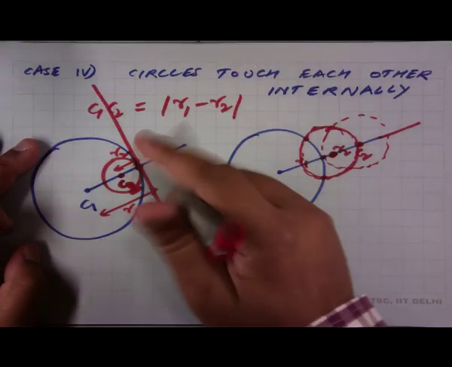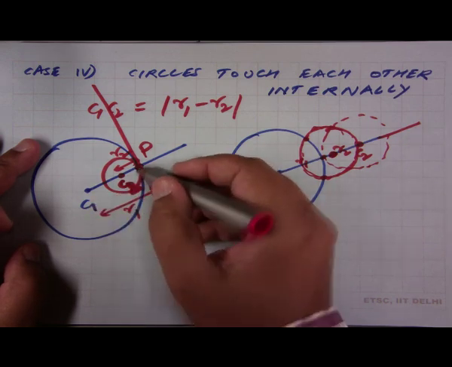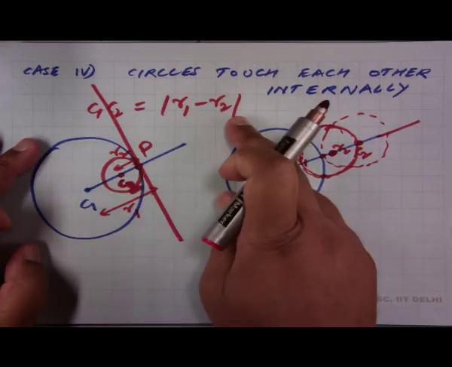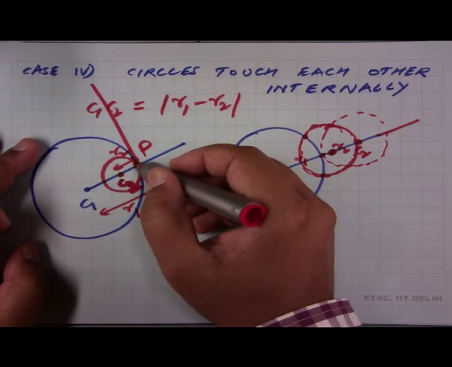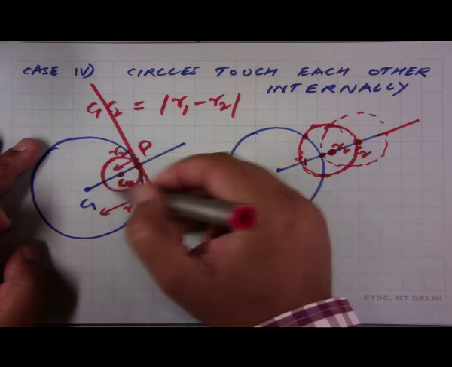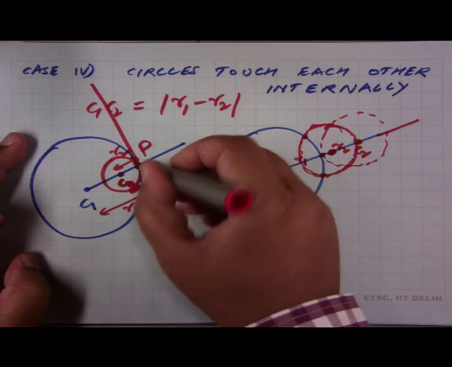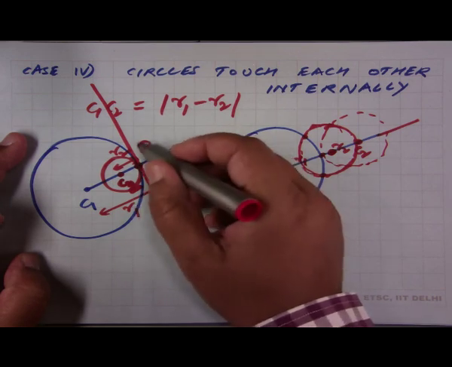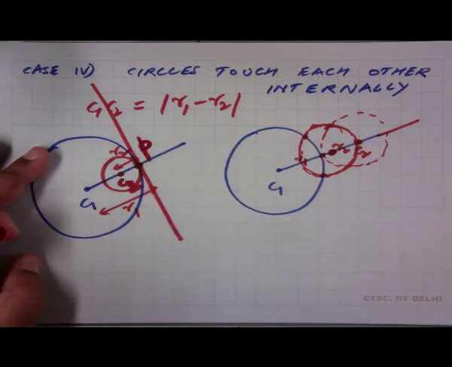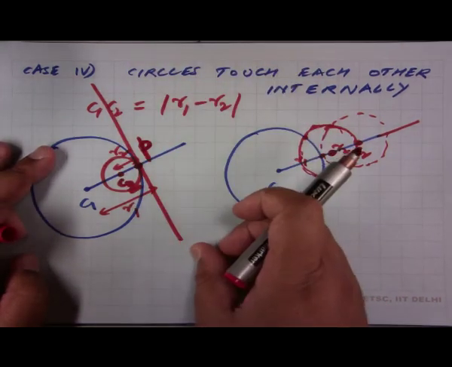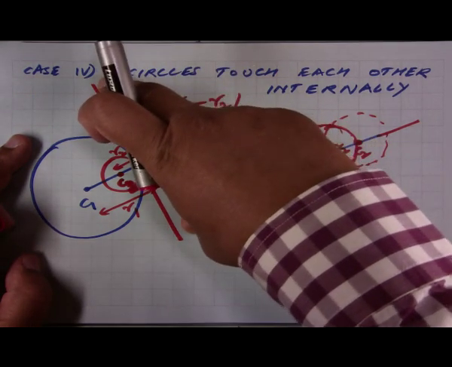As the center of the smaller circle comes closer and closer to the center of the first circle till this condition is satisfied, the moment it is satisfied, we can clearly see that the second circle touches the first bigger circle internally at this single point of contact P. In that case there is only one common tangent, and this is a direct common tangent.